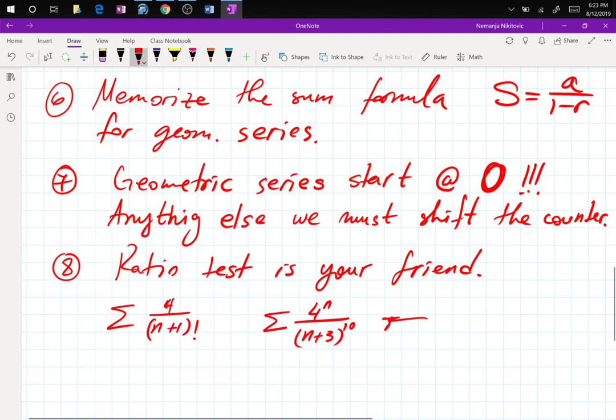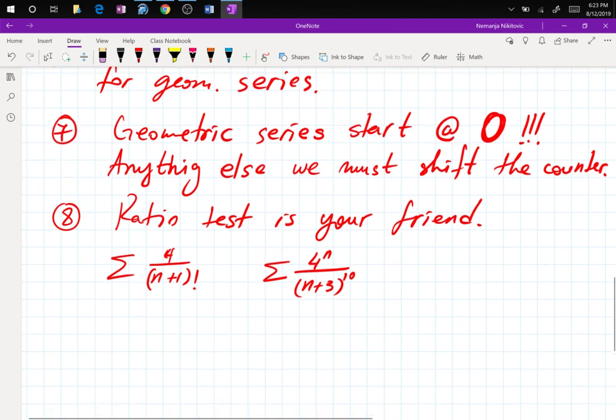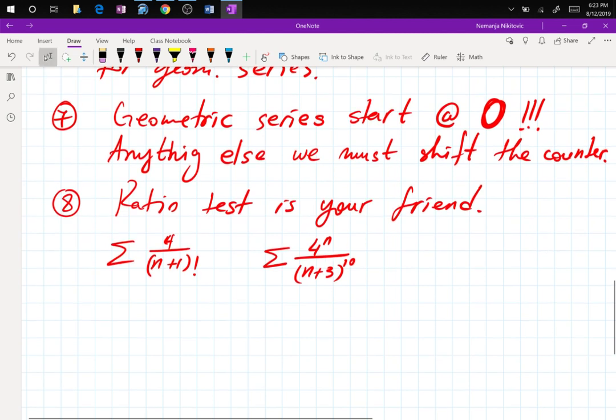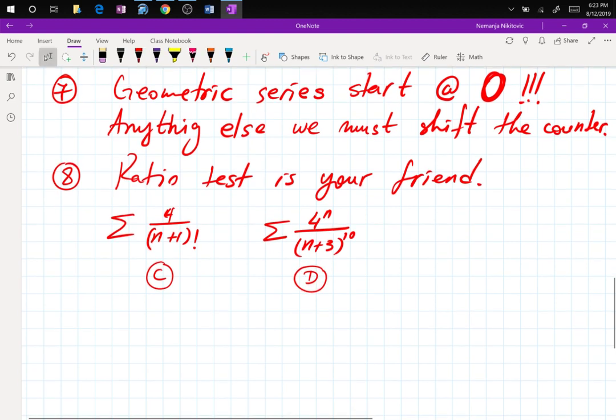No factorials in this problem, but you have exponential on top and a polynomial on the bottom. This one is supposed to be geometric. This one is supposed to be P series. So which one wins, right? Well, neither, because you can't do two separate tests in the same problem. So ratio is your friend in that case. Through the experience, this one converges, this one diverges. You can go and check those problems when you practice. I gave you the answer now. Make it work. Both are ratio tests, so it should be easy.